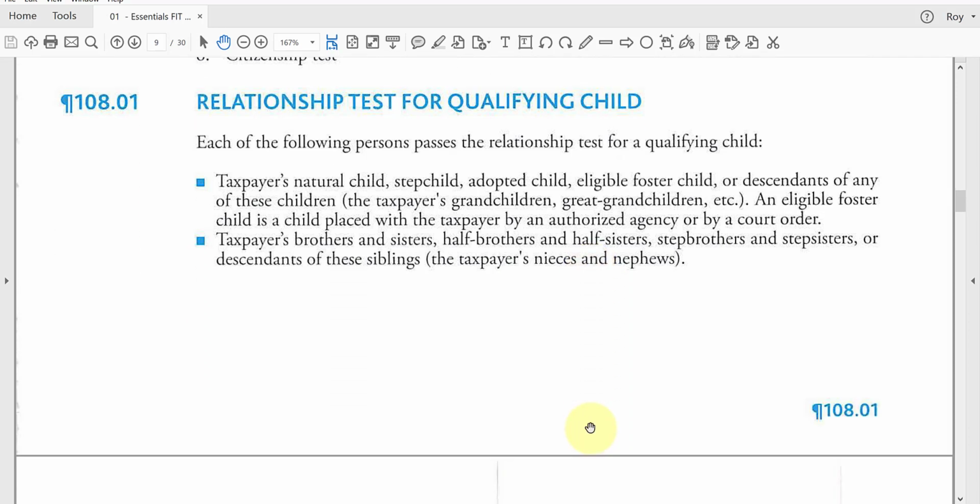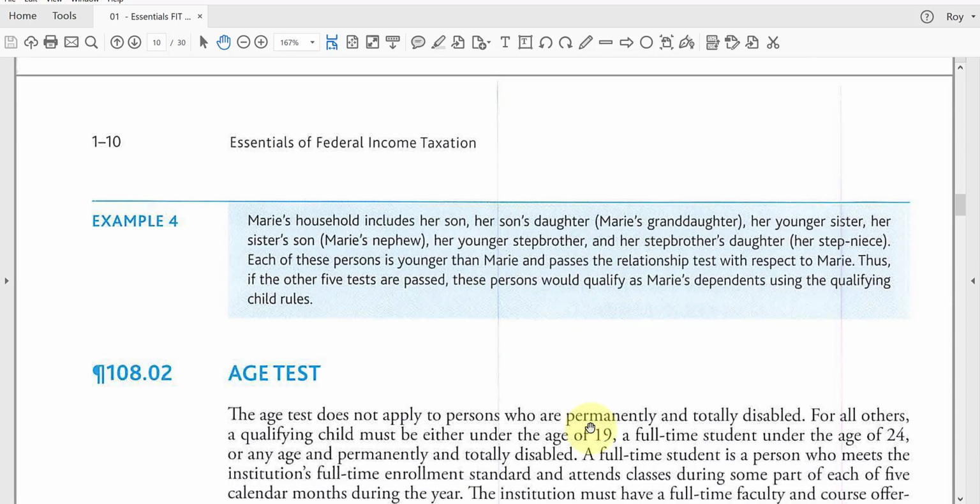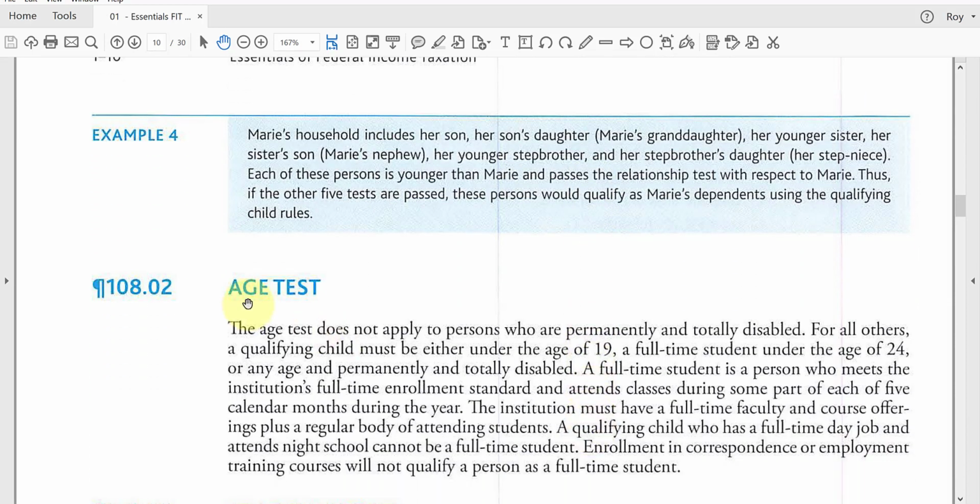Let's take a look at the next test, and that's for the age of the dependent. The dependent has to be under age 19 at the end of the tax year, or under age 24, but a full-time student during one semester during the year. And full-time is determined by the rules of the school or the college.